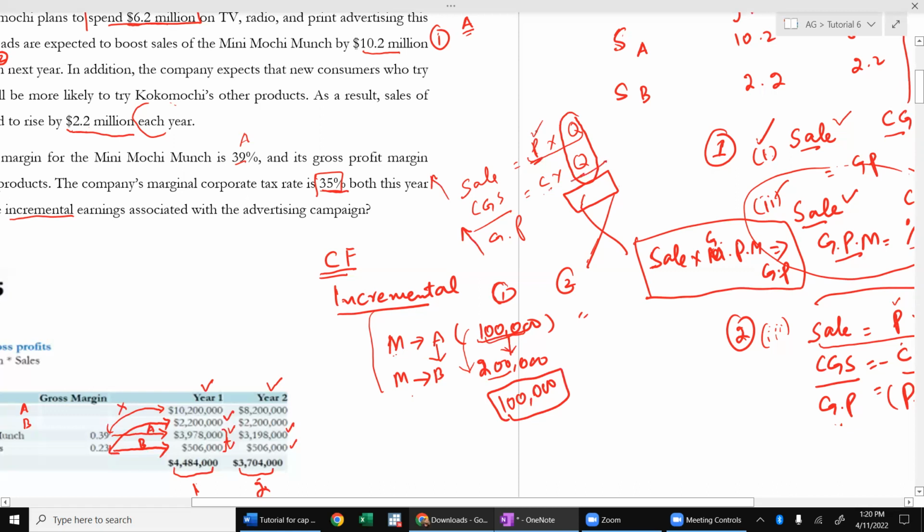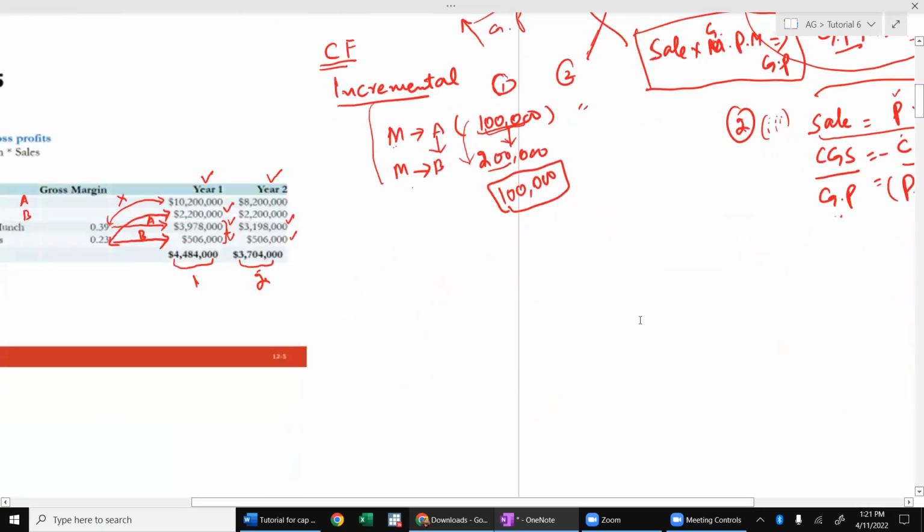Similarly, if you affect the price, it will surely change the sale, but what is the incremental effect of the increase in price? What is the incremental effect of the increase in quantity? What is the incremental effect if I increase the cost? So every decision that you make should have an incremental effect.